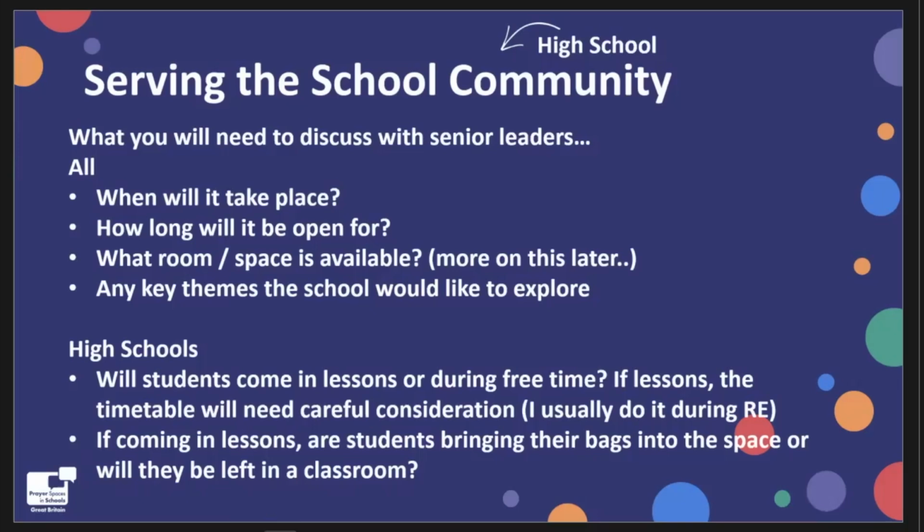Or are they going to meet at the prayer space, and is there going to be a designated area to leave them to one side? Because what you don't want is lots of bags cluttering up a space that you've curated to give them the opportunity to pray. So if you can arrange for the bags to be somewhere not in the middle of your prayer space, that's always a good idea.